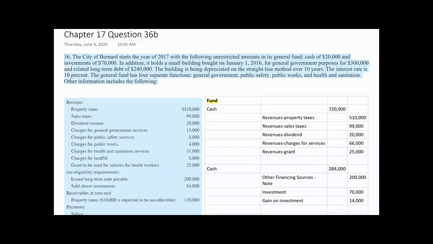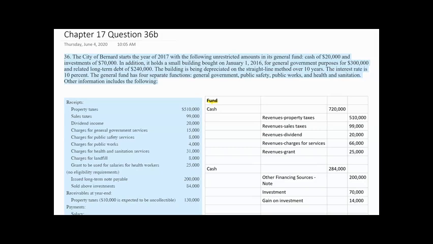For those cash receipts related to the revenues, the accounts we use are the same as the government-wide financial statement. We debit cash and then credit revenue from property tax, from sales tax, from dividend, from services, and from grant. And then we have cash from a long-term note.